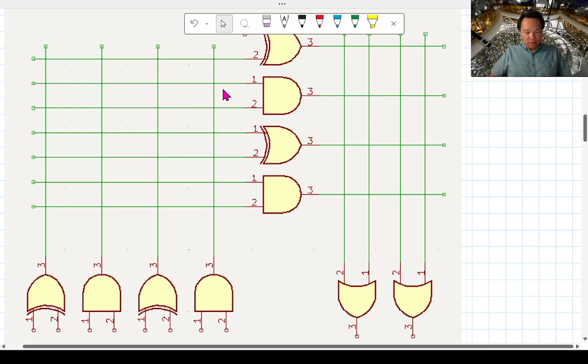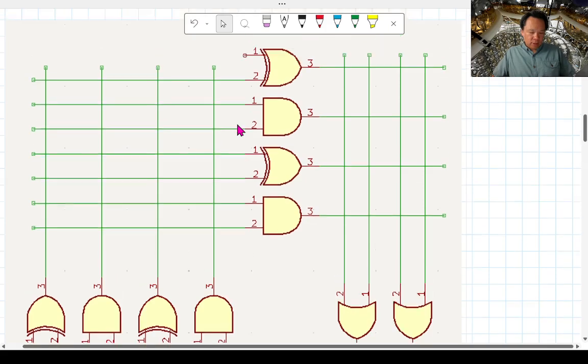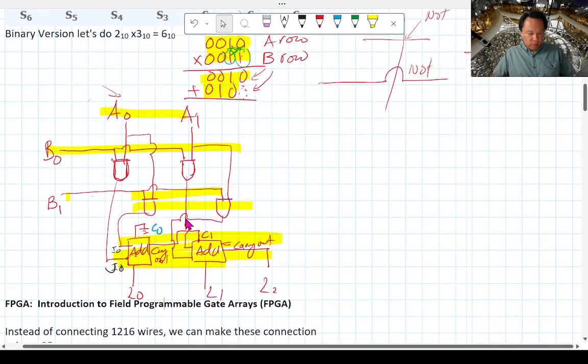That's why it's named field programmable gate array, right? These are the gates. This is the array, and we're going to see the field programmable soon. Okay. And basically, since these wires don't have dots on them, that means they're not connected. But what we can do is make these connections so that it represents what we did with multiplication, right?